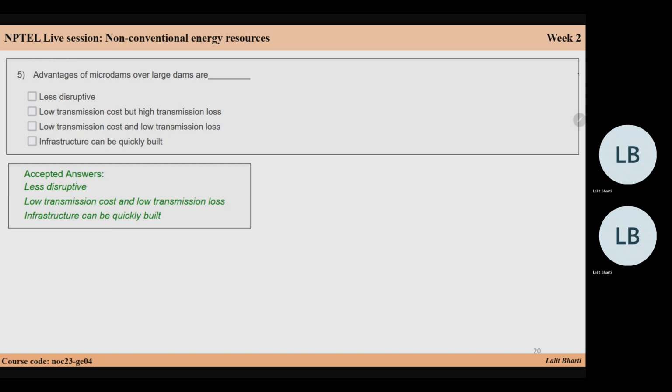So the issues with dams are, first, the ecological effect. It can be on the marine life.